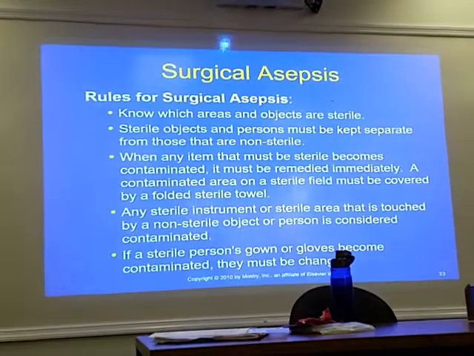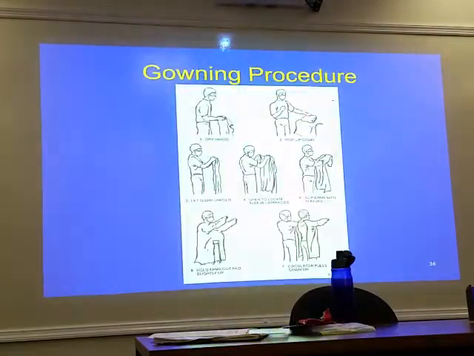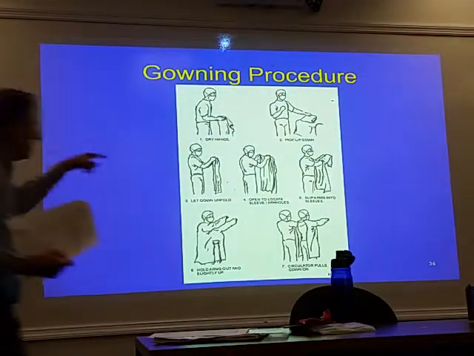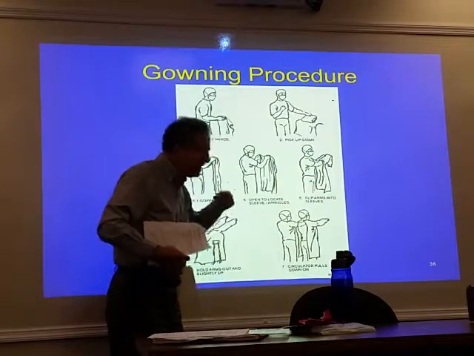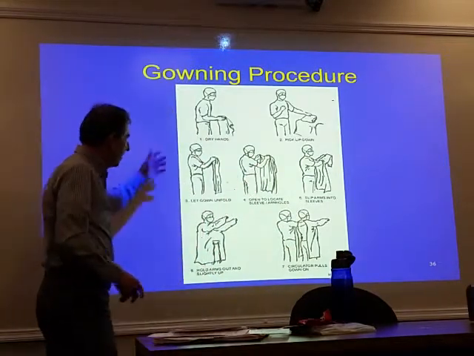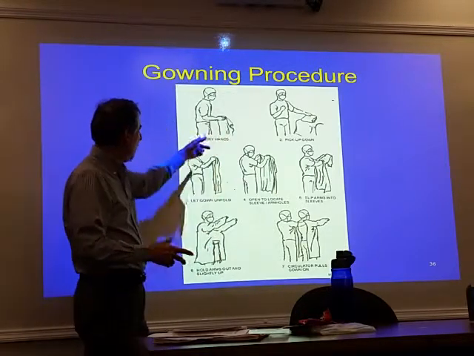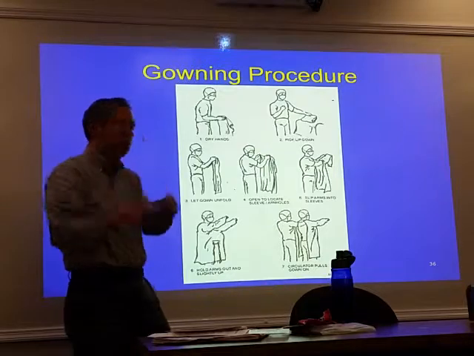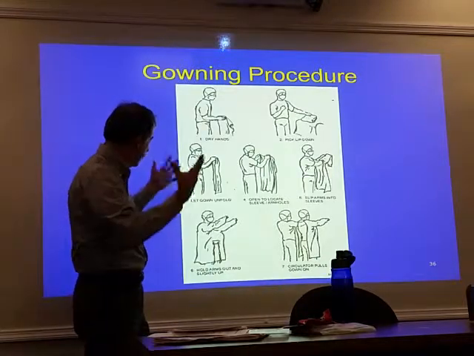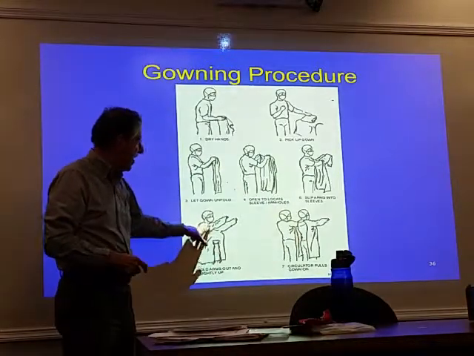All right, let's see. These are just some extra notes about different protocol, about how people go back to back, not front to front, if they cross, about putting everything on. When you start feeling more comfortable in the OR suite, the doctor will come in and do it in a very methodical way, drying their hands on the 4 different corners of the sterile towel, and then put their arms through the gown.